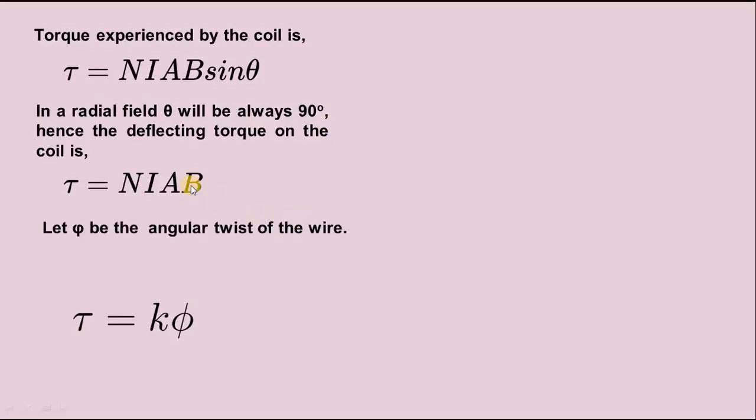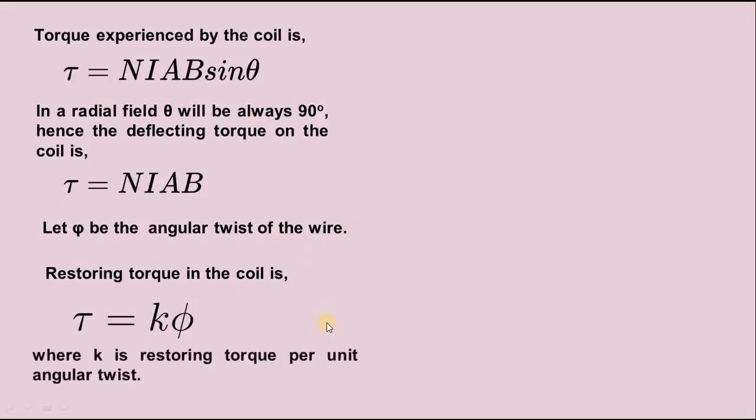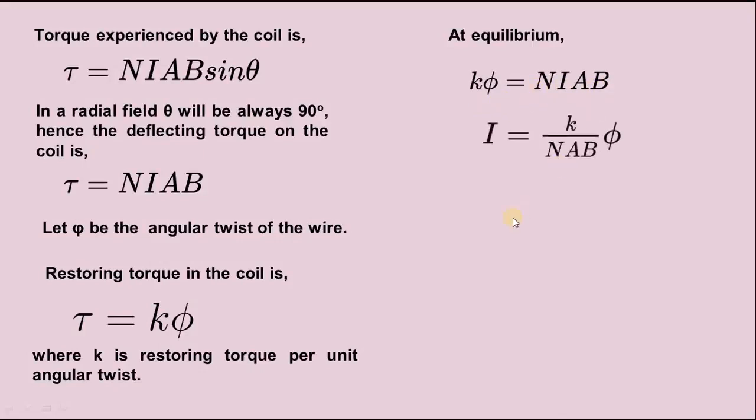Due to this torque, the coil deflects. Let φ be the angular twist of the suspension wire. Then the restoring torque developed will be given by τ equal to K into φ, where K is the restoring torque per angular twist. At equilibrium, the restoring torque must be equal to the deflecting torque, that is Kφ equal to NIAB, or I equal to K by NAB φ.